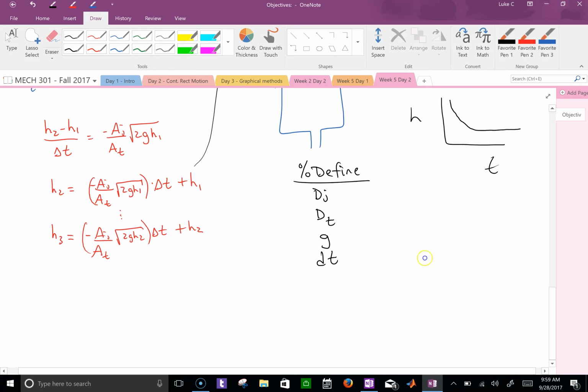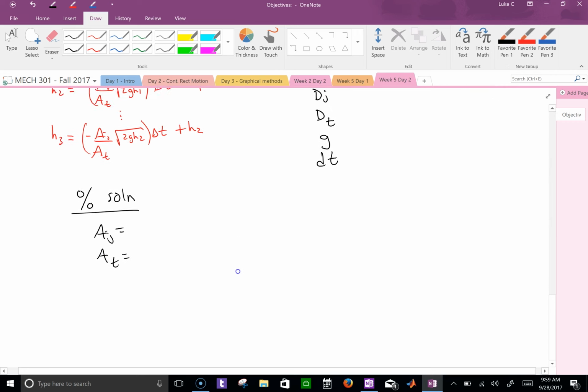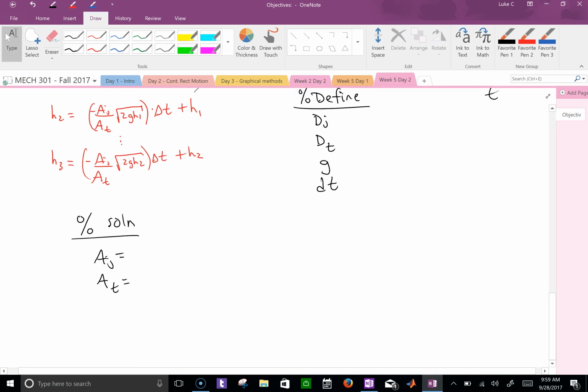And then in your solution, you need to define the areas, which is just pi d squared over 4. Is that all you have to do? Yeah, that's all you really need to define. So you're going to do the areas, and then this is where you're also going to pick a final time.